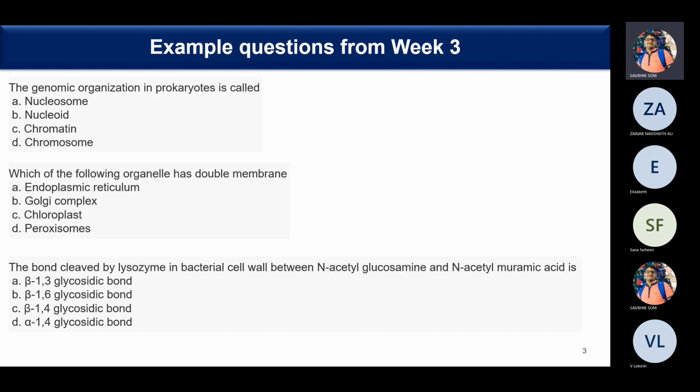Okay. So nucleoid would be the correct answer. Because in the bacteria, you know that there will be a cell wall like this. Then there'll be the plasma membrane, the cell membrane, and inside that there will be a nucleoid, right?